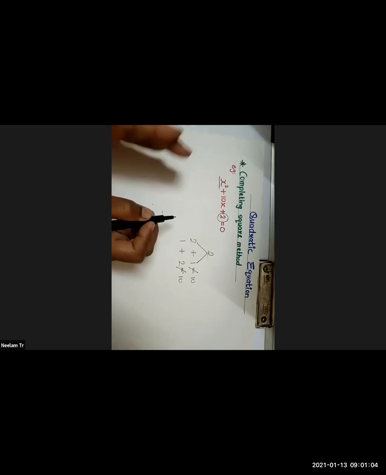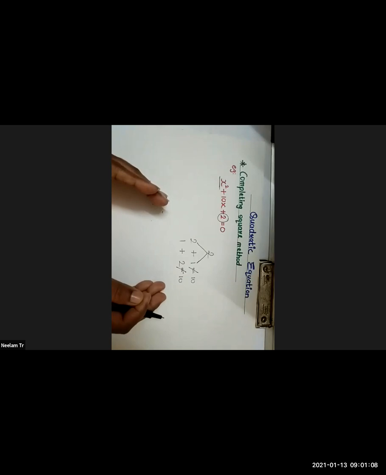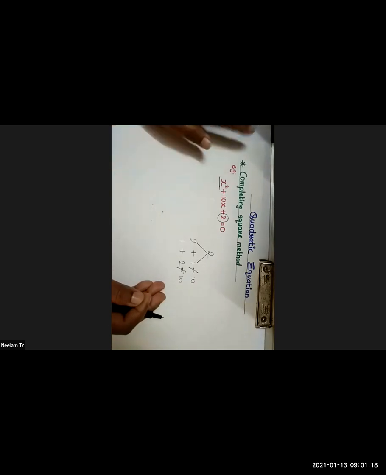Method 1 is the old one, the factorization method, and method 2 will contain half of this method. Method 1's half part you are going to learn in method 2. In method 2, basically they are going to ask you questions based on activity. So first you need to be very thorough about method 1.